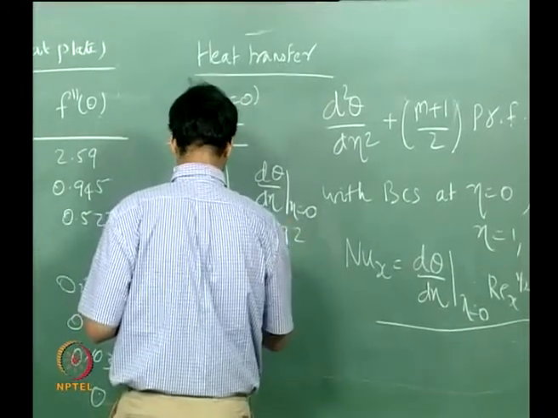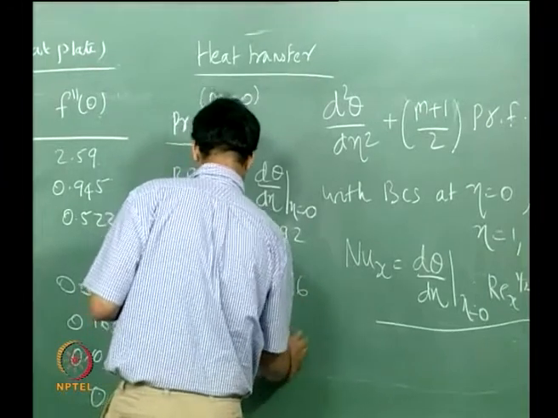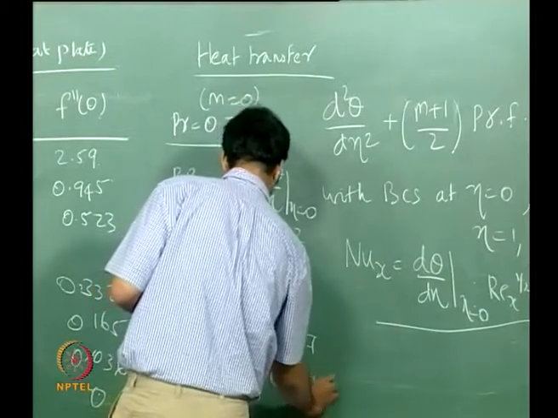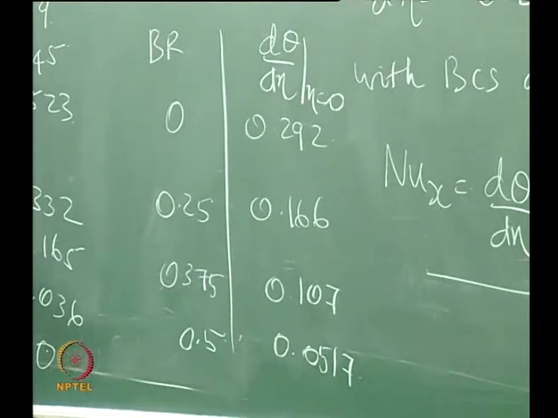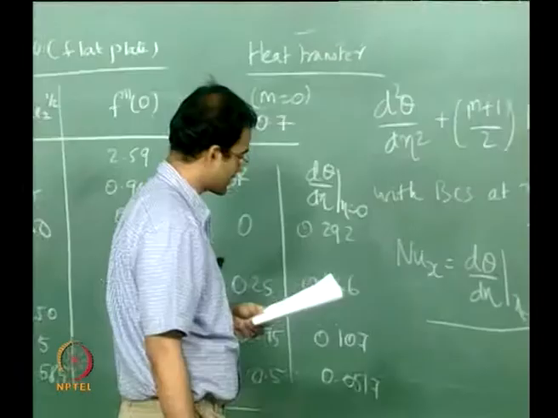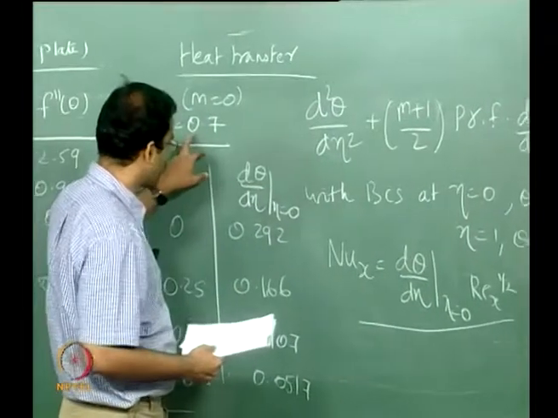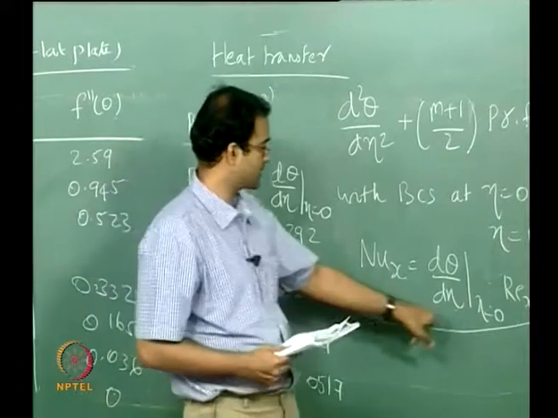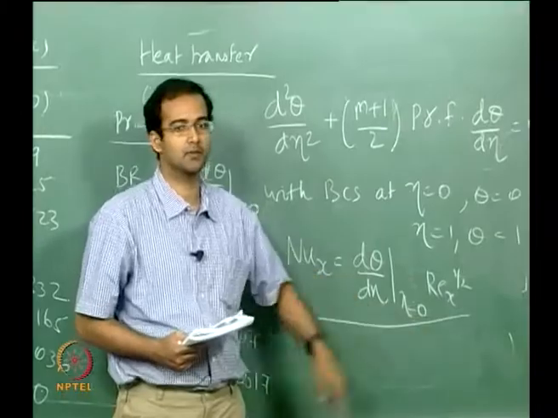Okay, so 0.292, 0.166, 0.107, 0.0517. Okay, with this information you can plug in, say, for the Prandtl number of 0.7, for a blowing ratio of this, you can plug in this value, and that is the relationship of Nusselt number with respect to Reynolds number.